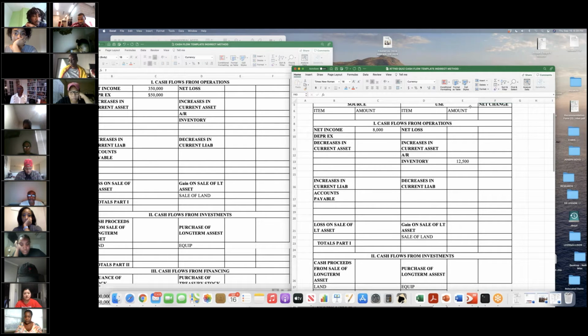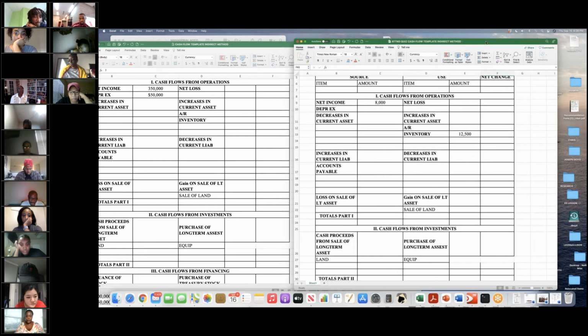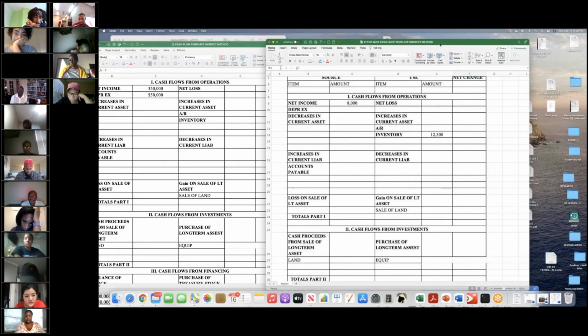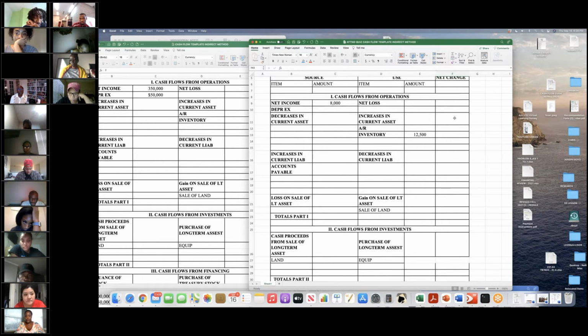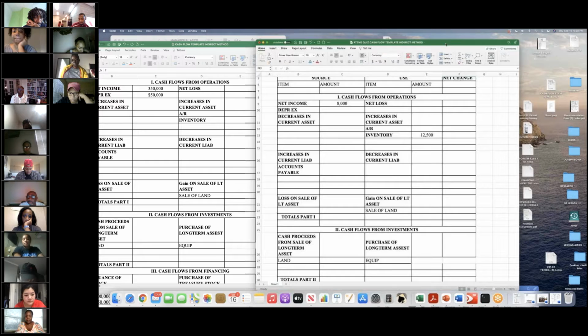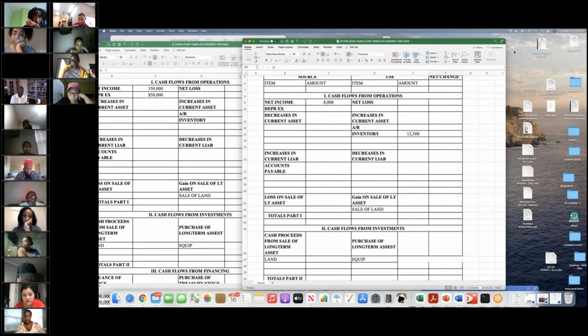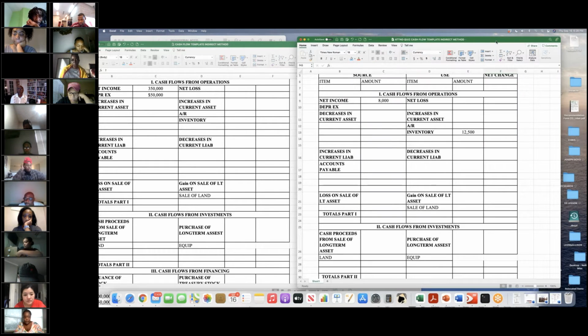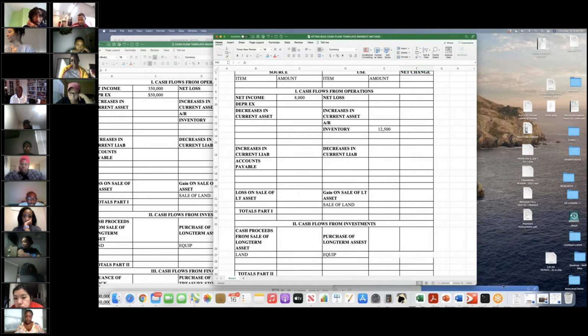Professor, are deferred tax and accrued liabilities both long-term? Deferred taxes are long-term. Accrued liabilities are typically short-term.